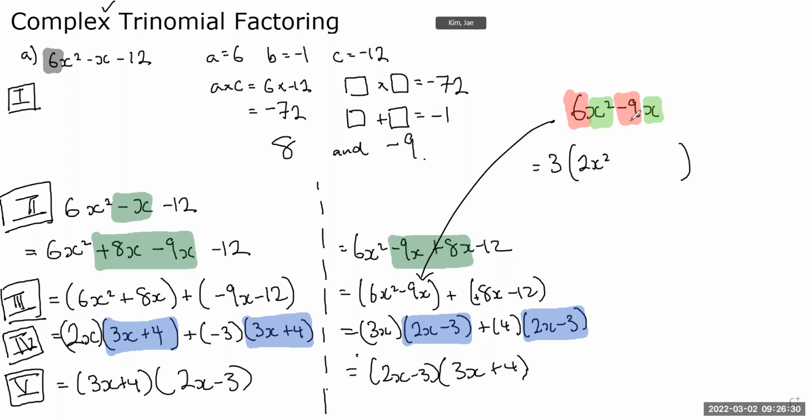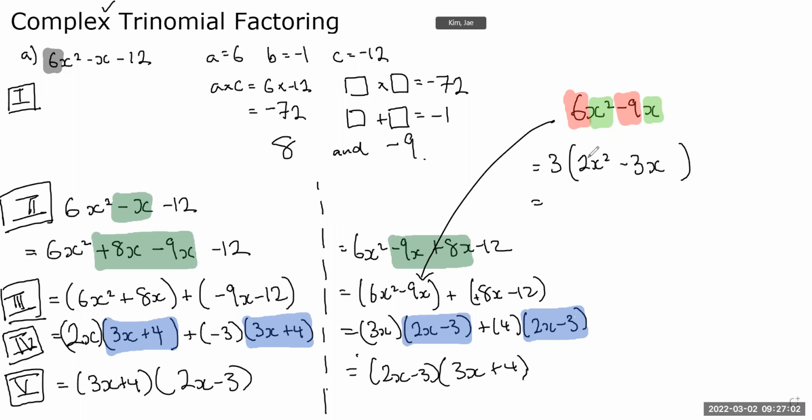Negative 9 divided by 3, you get negative 3. What I'm trying to do here is the reverse of expanding. If I told you to multiply this out, 3 times 2, what does that become? Yeah. And 3 times negative 3 becomes negative 9. I'm doing the opposite. I'm dividing out now.